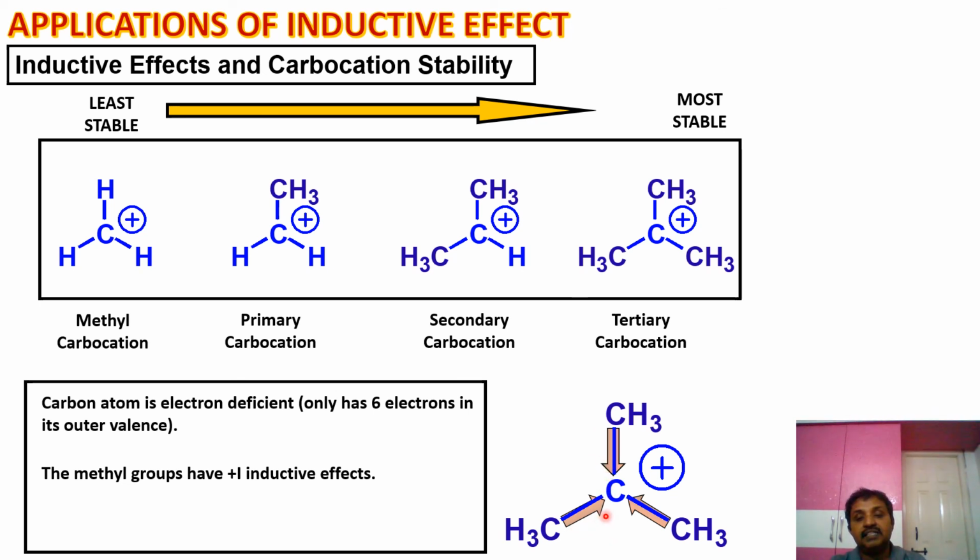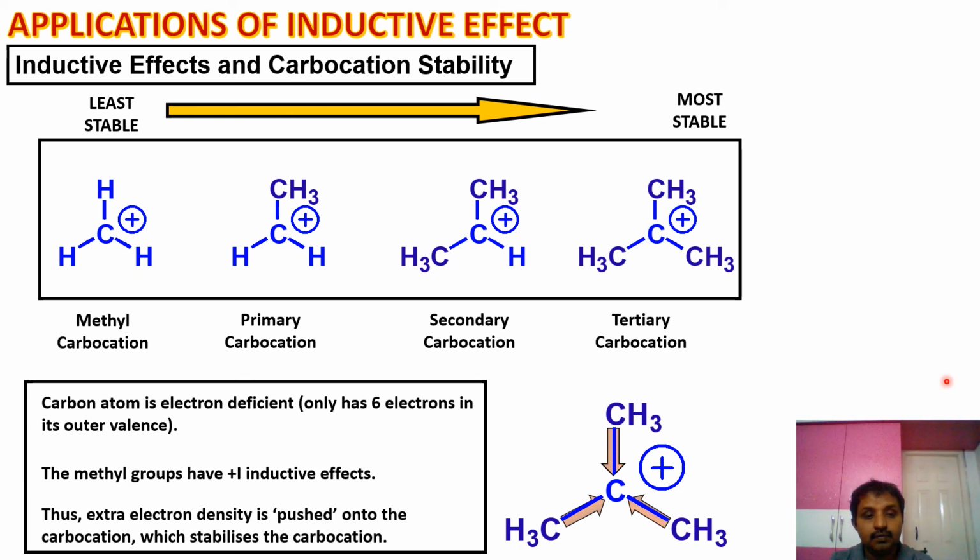The arrow mark represents that it is supplying the electron density on the carbon atom, which makes the positive charge get neutralized and makes the carbocation more stable. Thus, the extra electron density is pushed onto the carbocation, which makes it a stabilized carbocation.